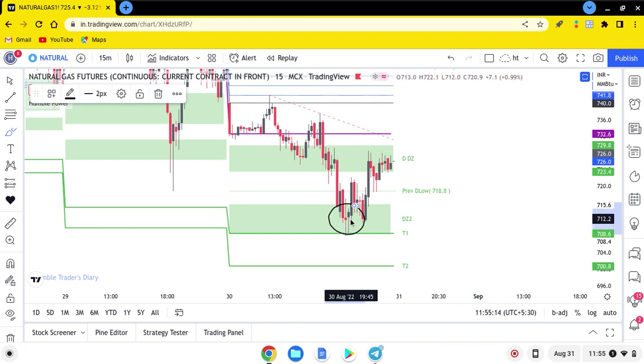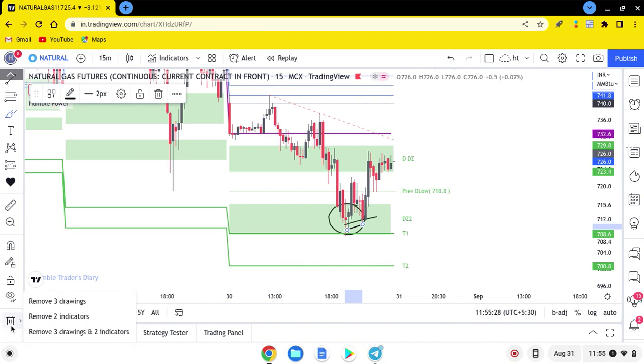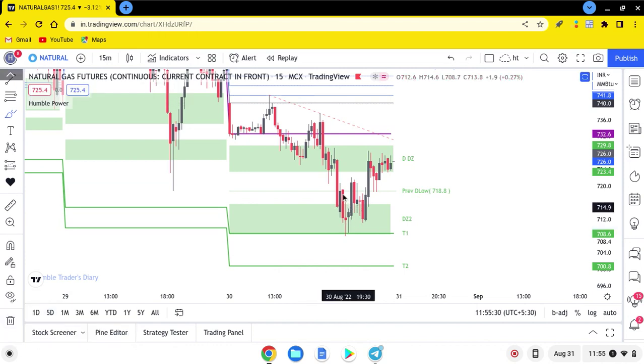Now what I do is I look for a buying entry from here with any kind of rejection formation. Rejection formation means a doji, a hammer, a candle with a long wick on the downside like this. What does it indicate? This is purely a price action standpoint. The sellers are trying to push the price down and the buyers are trying to push it up.